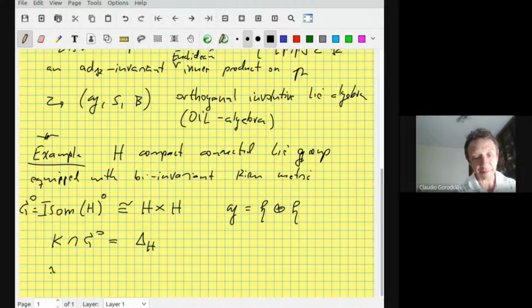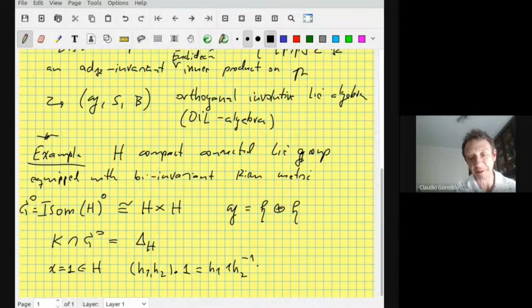Because we take the base point to be the identity here. Then if we act on the identity by left and right translation with the inverse, then this is going to be 1 if and only if h1 is equal to h2. So that's the diagonal exactly. And therefore, the Lie algebra is the diagonal here also. And what about the involution in this case?